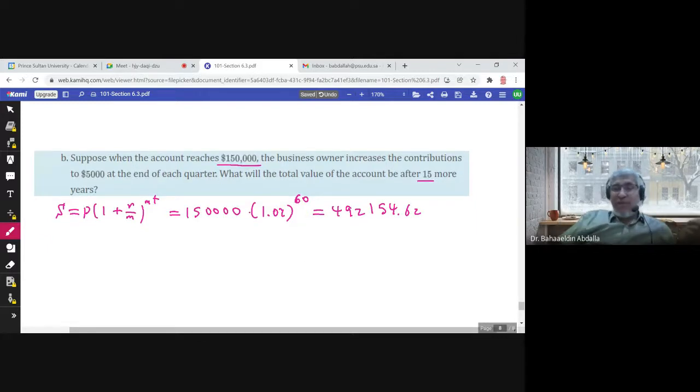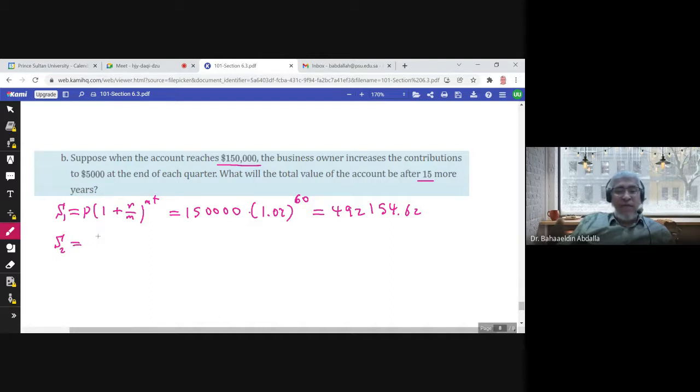What else? He will now put deposits of 5,000 at the end of each quarter for 15 years. So this is an ordinary annuity. So let me say this is S1 and this is S2.